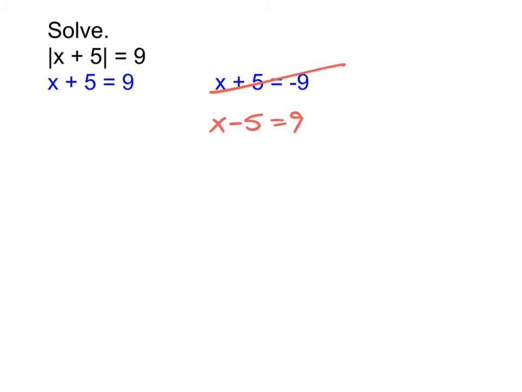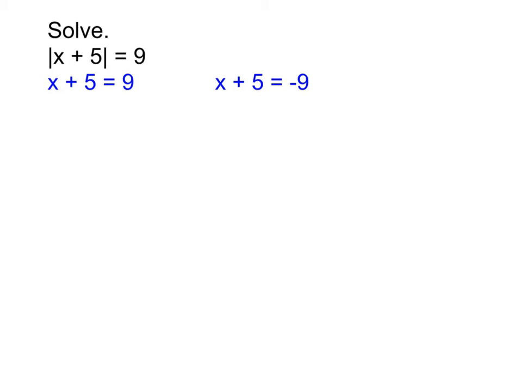That's not right. That's not what we're talking about here. Because remember, I'm wanting to make the inside of the absolute value equal the negative 9. That's not the same thing as just saying if I subtract it, I'm going to get 9. So, yes, you do need to spell it out this way.